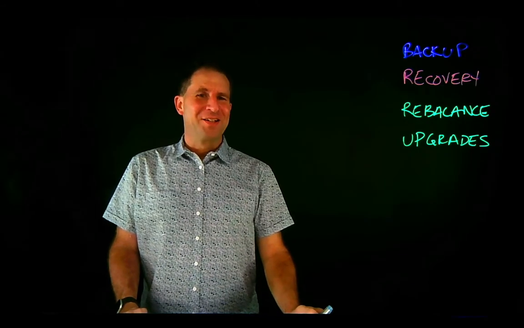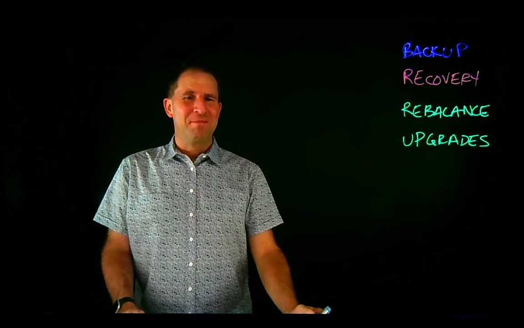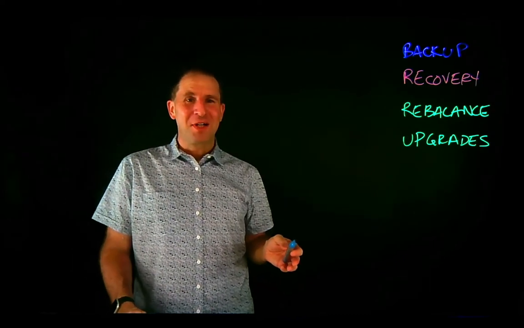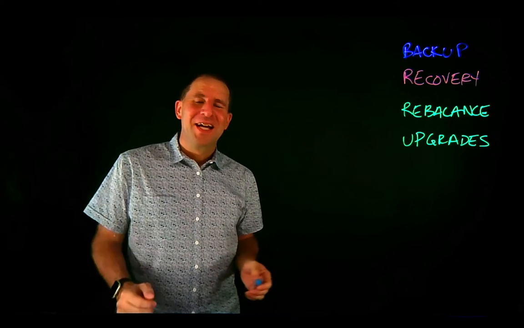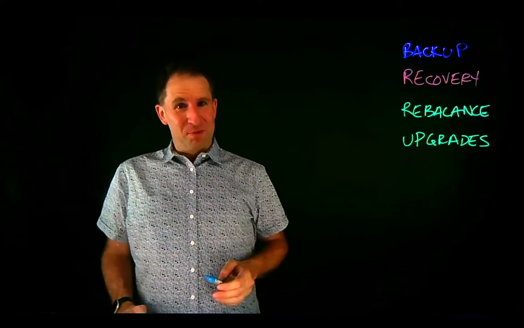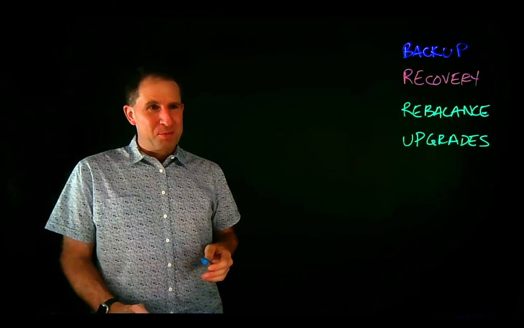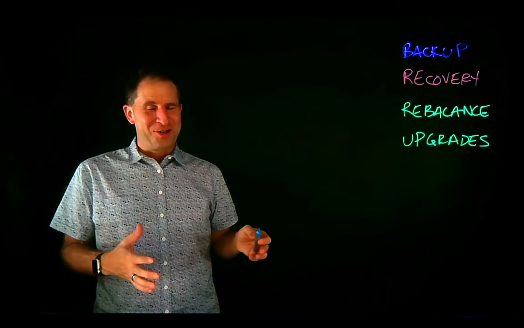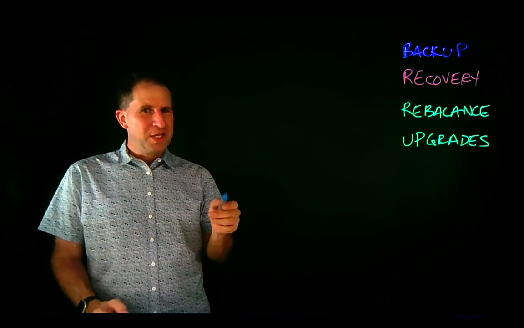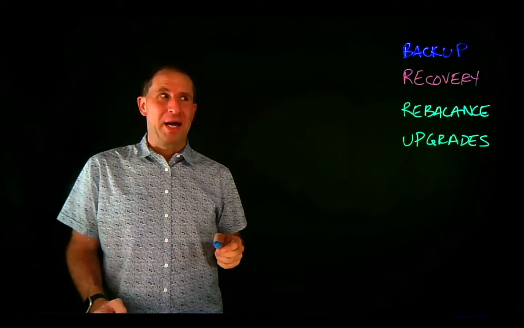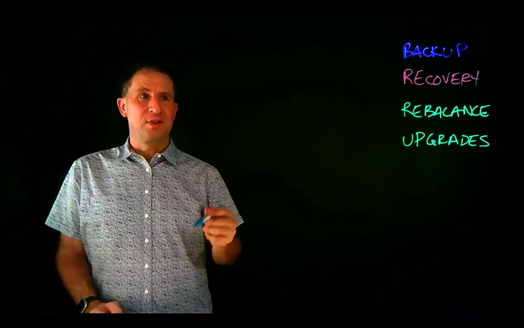To get an analytics system that runs no matter what, you need these four things: automatic backup, automatic recovery, automatic rebalancing, and rolling upgrades. So let's talk about how Druid does each of these things. Now, I've spoken on Druid's unique architecture in many other videos, but we'll need a quick recap here to understand how we get automatic backup and every one of these other things on the list.